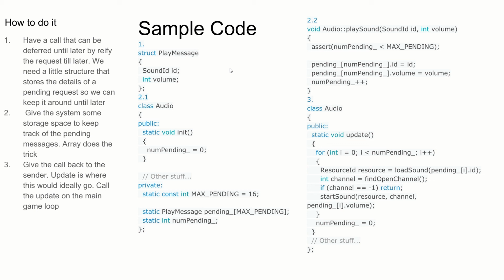The second one is the system to store it. And then the third one, over here in the class audio, is when it's calling the stuff that goes in the loop.